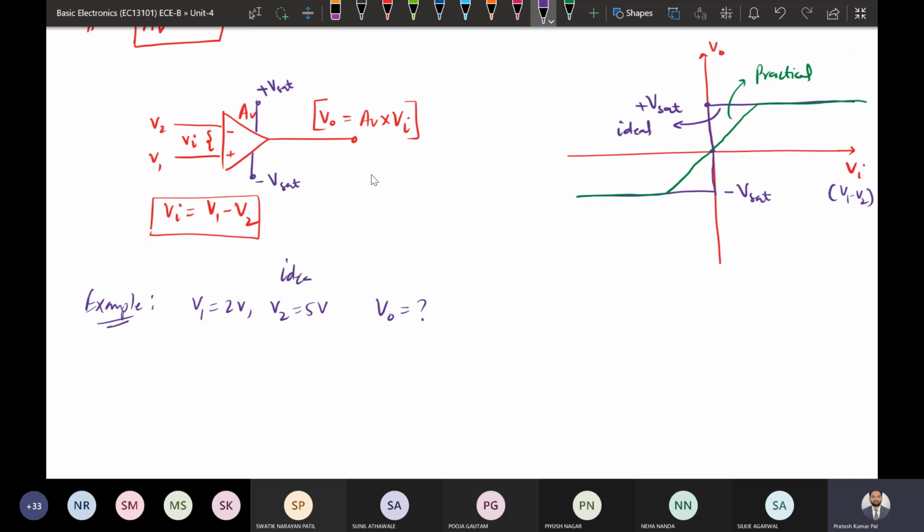This is the case of ideal. Are you getting the question?